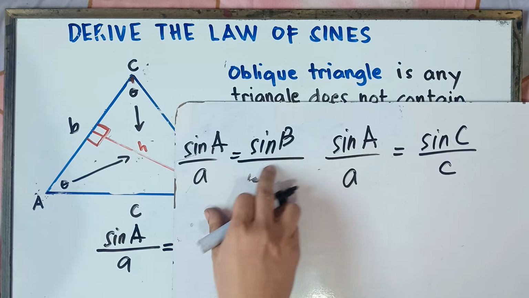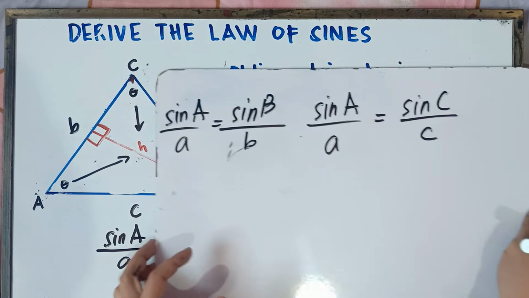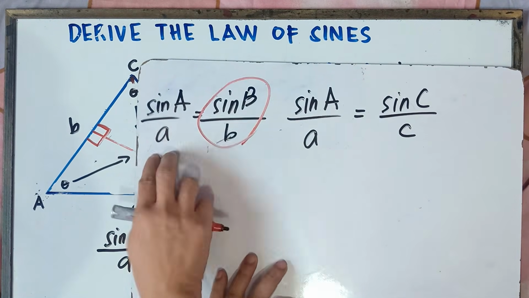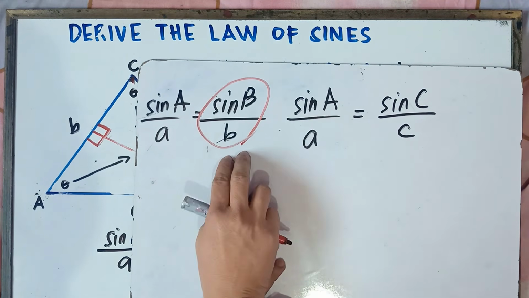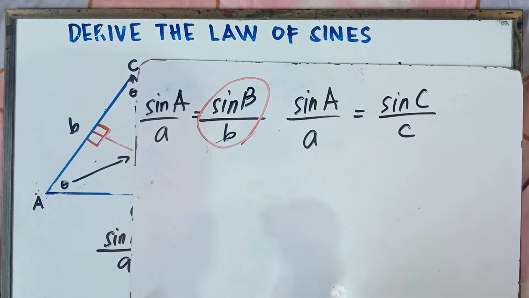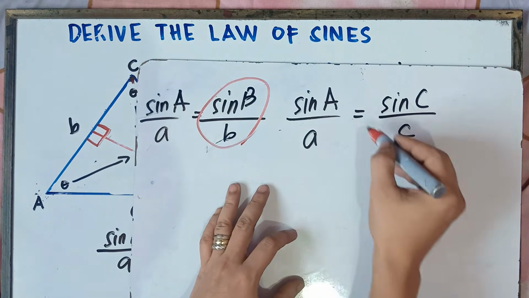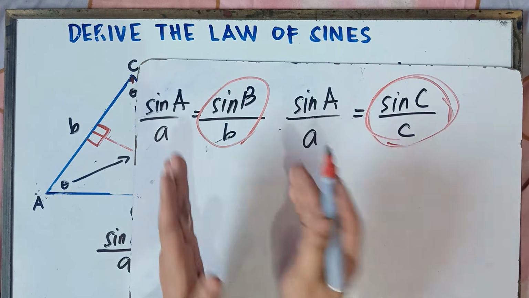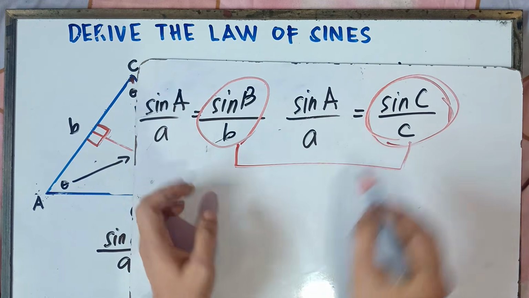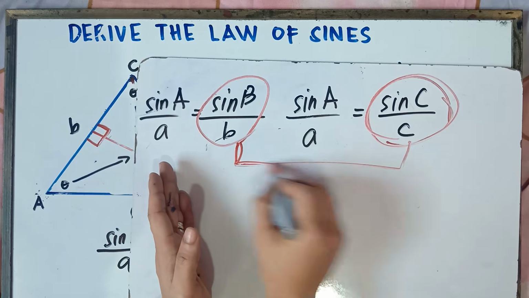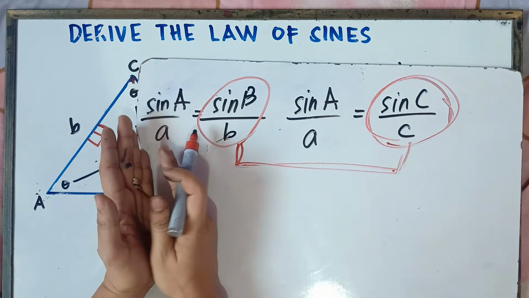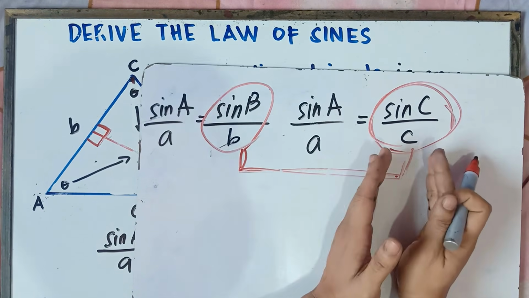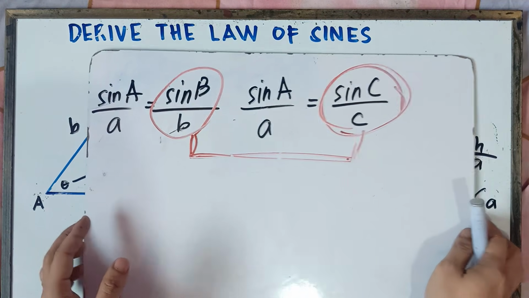We said in our first ratio, class, that sine A over A is equal to sine B over B, right? Now, in our second derivation, we also say that sine A over A is equal to sine C over C. Therefore, we can say that sine B over B is equal to sine C over C, because A is equal to B, and A is equal to C. Therefore, B is equal to C. So, we can write our final formula.